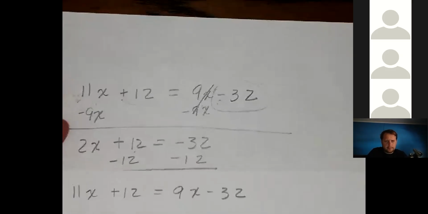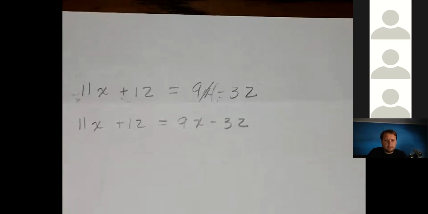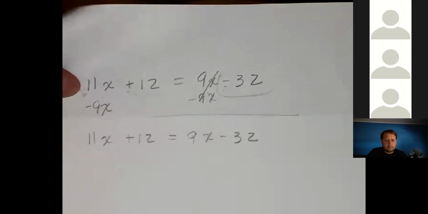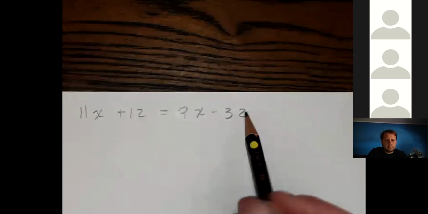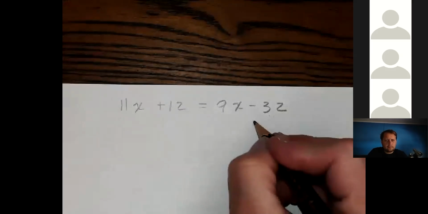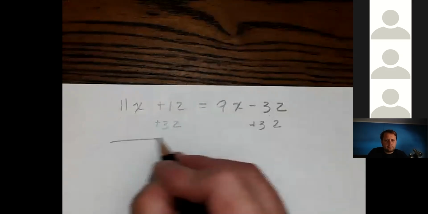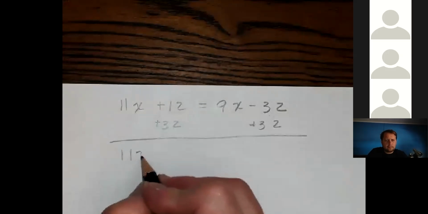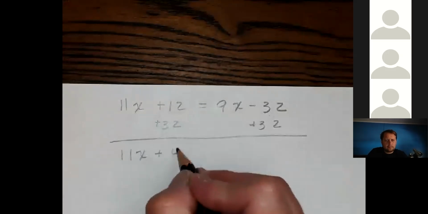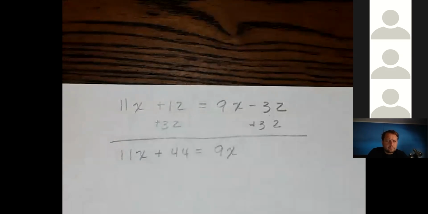Now, what did we do? We subtracted the 9x. Somebody else could have said, well, I don't like subtraction, I'm getting rid of the 32 right now. That looks pretty good, doesn't it?